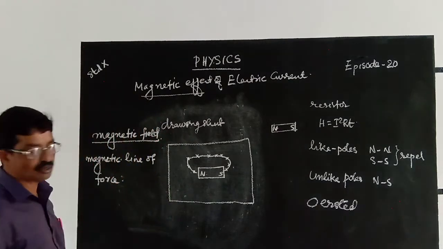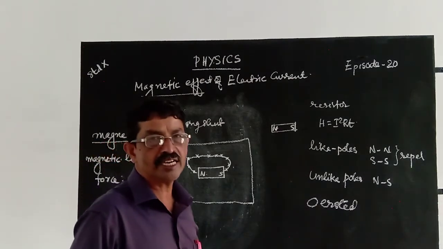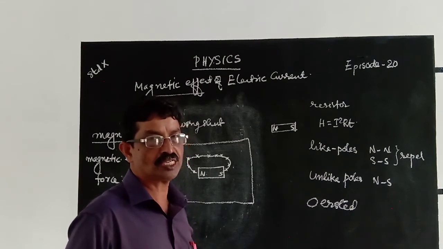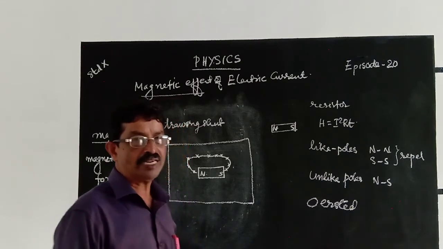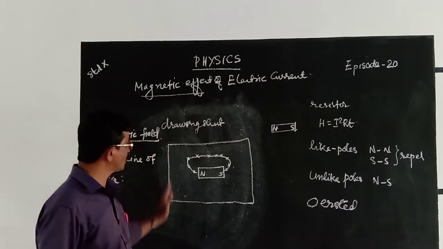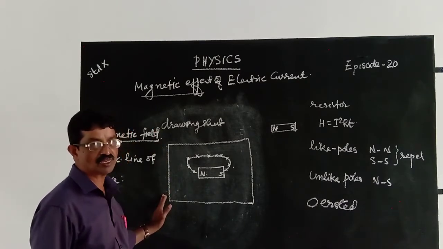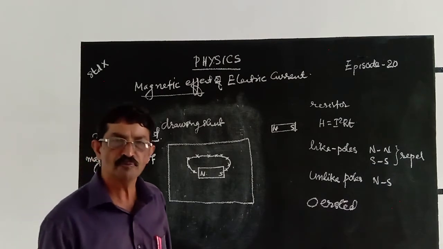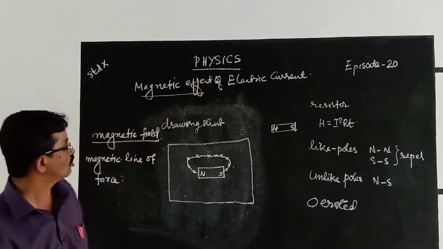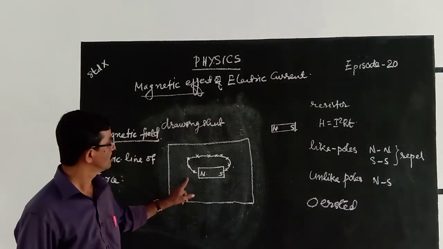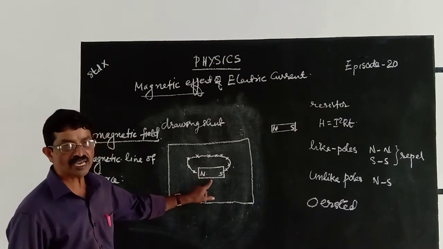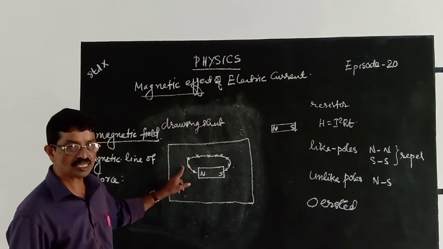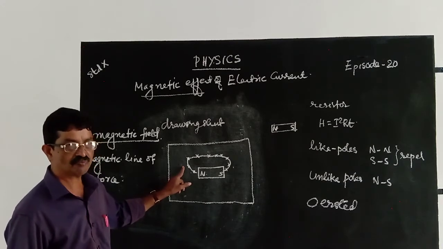See how we draw a magnetic line of force. What are the steps we need to follow? The materials required are a drawing sheet, a bar magnet, a magnetic compass, and a pencil.